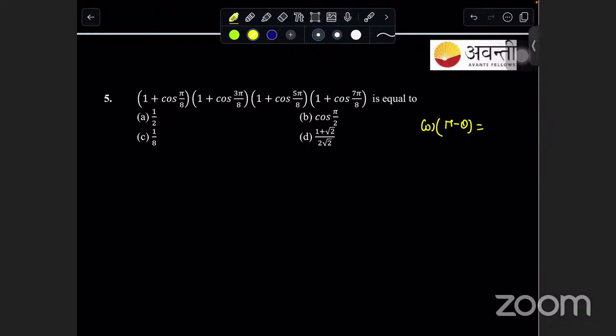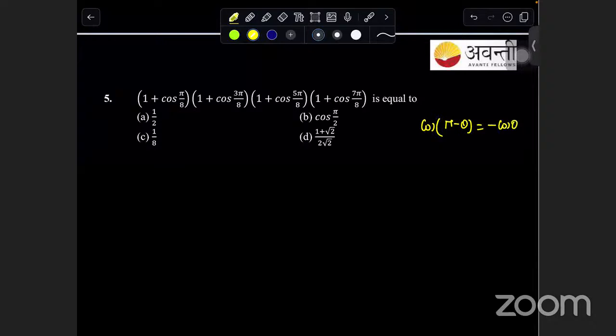Cos pi minus theta. It's sine theta, cos theta, minus sine theta, minus cos theta, or something else. Cos pi minus theta is minus of cos theta.